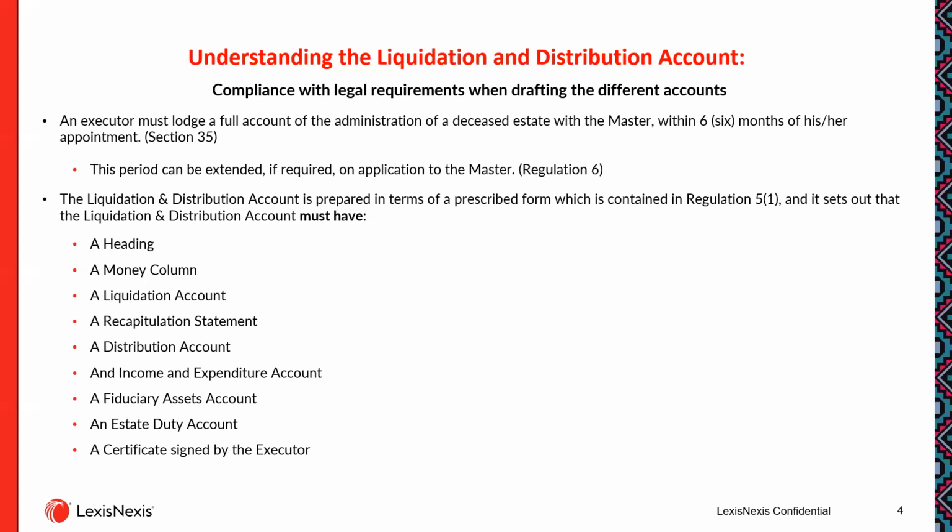And we know, a lot of us who are in practice and deal with the master's office quite regularly, that this 6-month period isn't always achievable. So Regulation 6 also makes provision that we can ask for this period to be extended on application to the master.